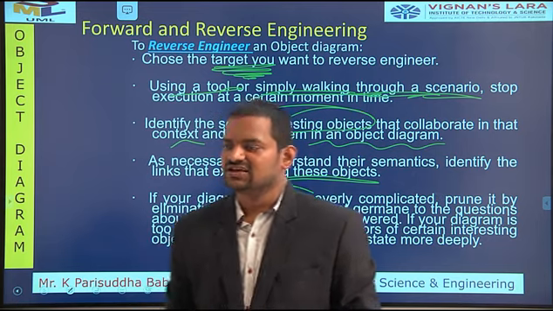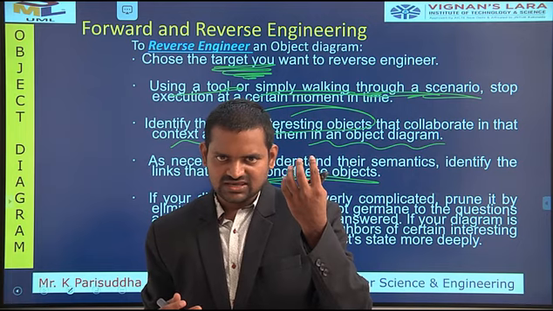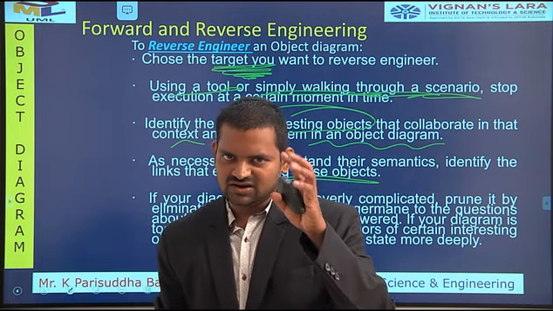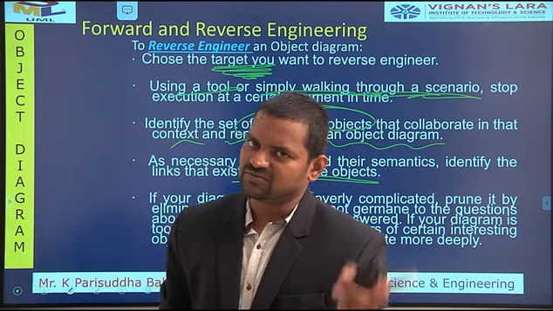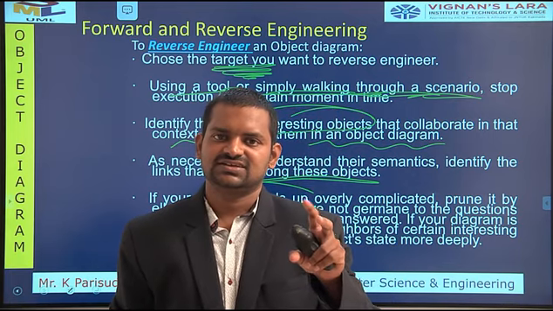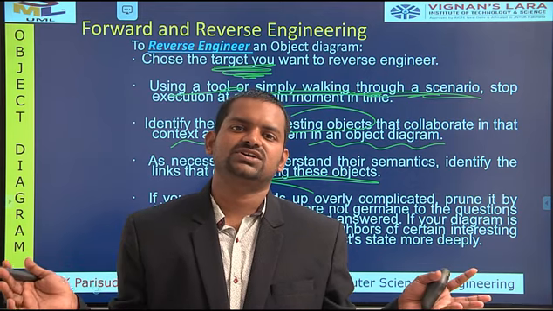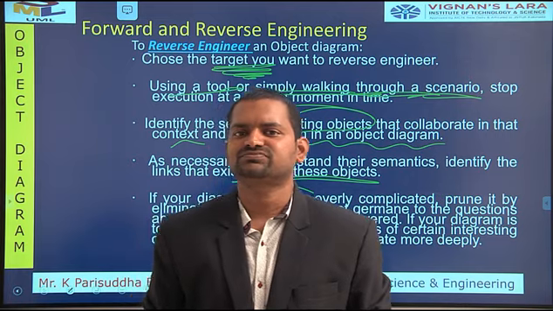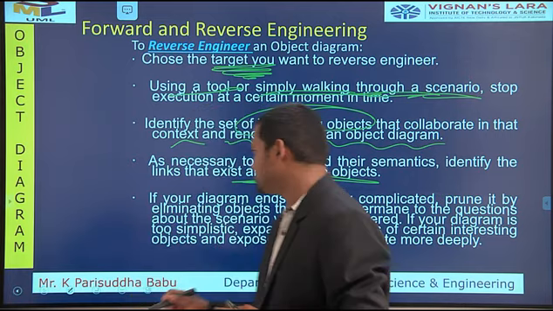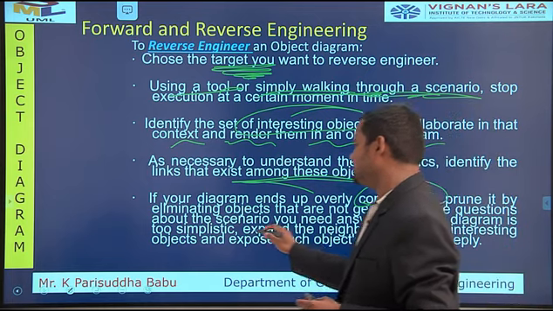In reverse engineering, first identify the objects, identify the links among those objects, and if you have many objects, you compress them to reduce the objects if it is complicated.